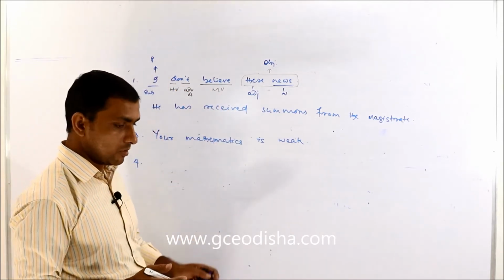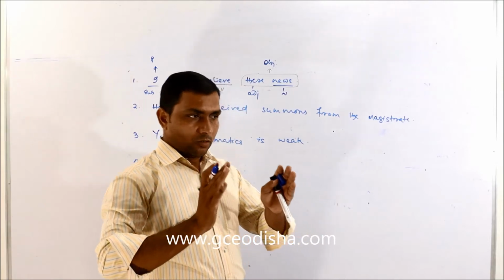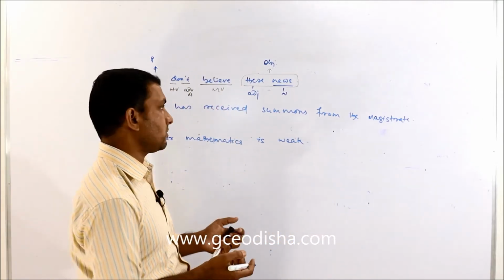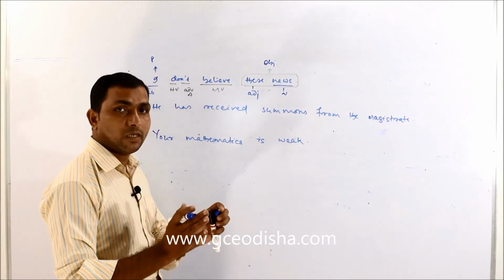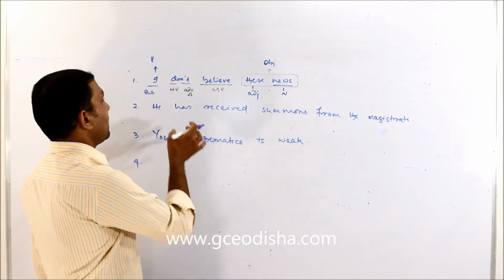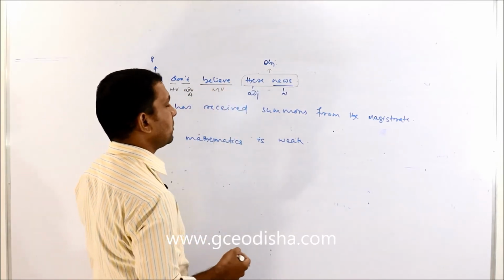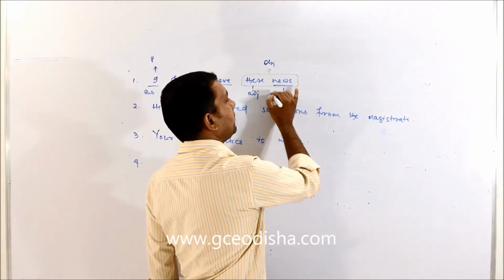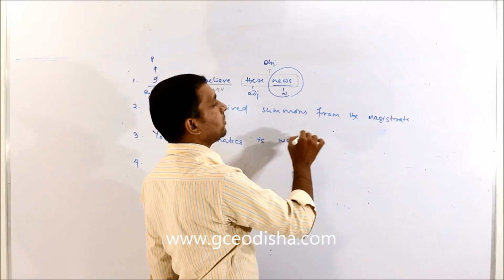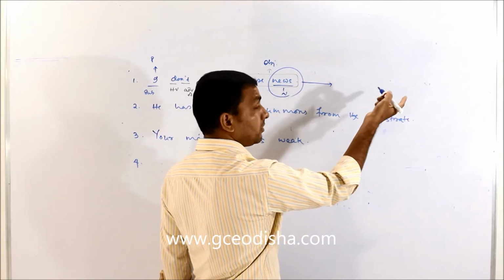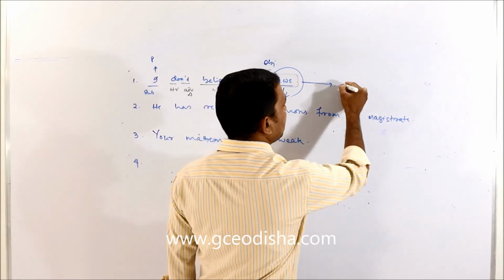Question approach skill means break the sentence. It is called breaking of the sentence with the parts of speech and parts of sentence. So when you say I don't believe this news, now our sole concern will be on what? News. As I told, news is a singular uncountable noun.